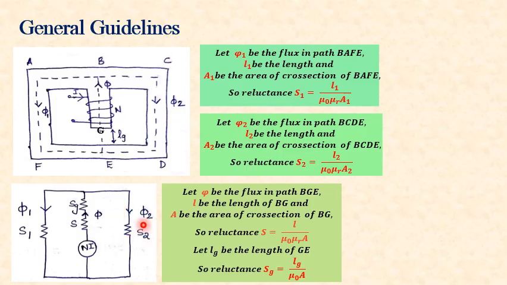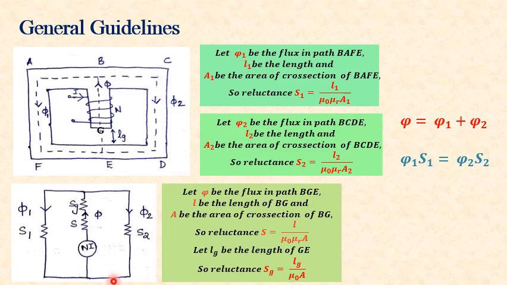Okay. So from this circuit, what can we conclude? Total flux phi is equal to phi 1 plus phi 2. That's the first step. Then, regarding the parallel paths, we know that BAFE is parallel to BCDE, so the MMF will be the same. That is, we can write phi 1 S1 is equal to phi 2 S2.